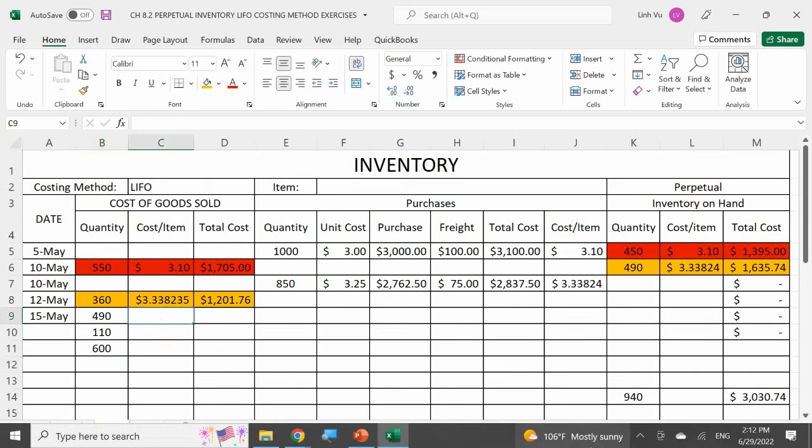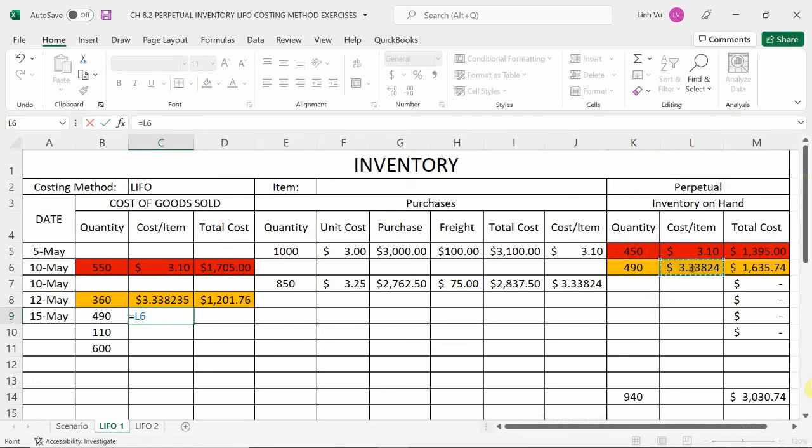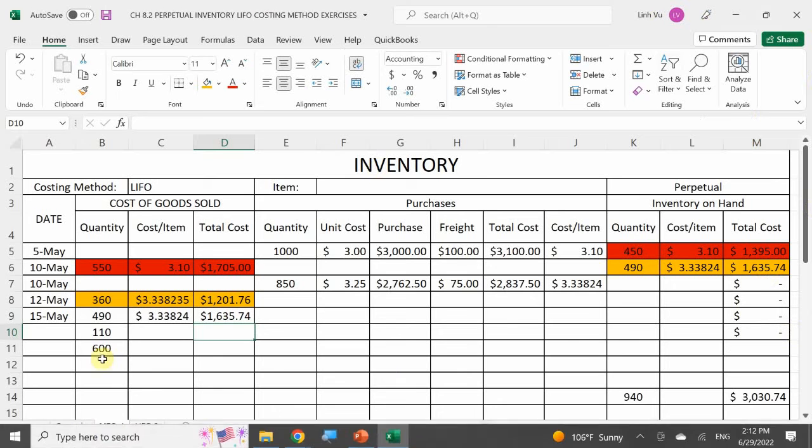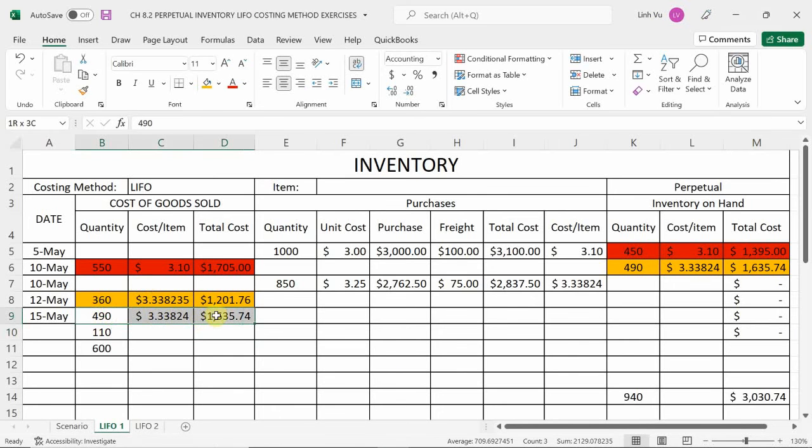So in this case, I already know that this is going to give me a total of 1635.74, because we see it right here. You could type it in, or you could just do the formula to be consistent.